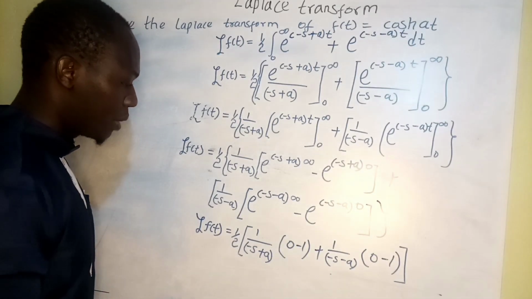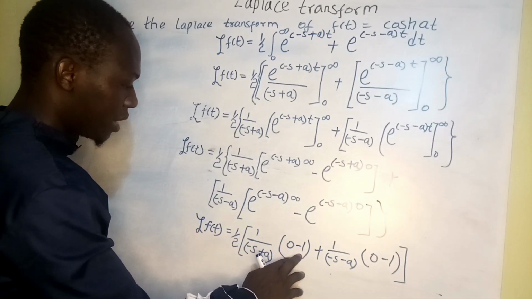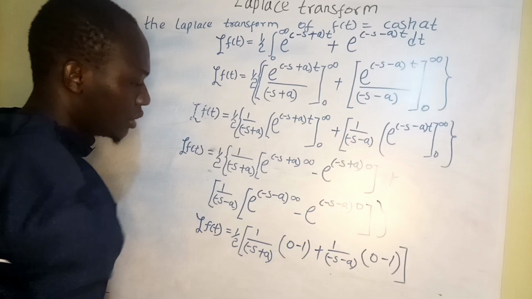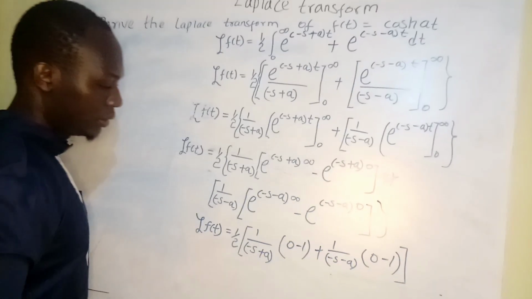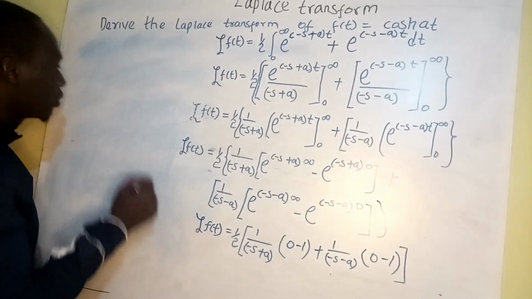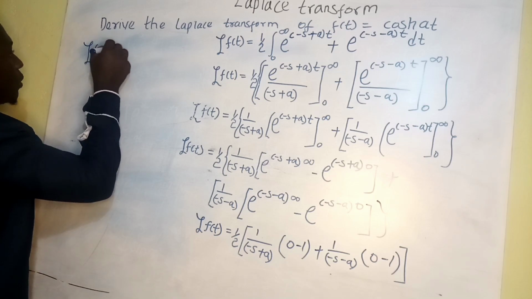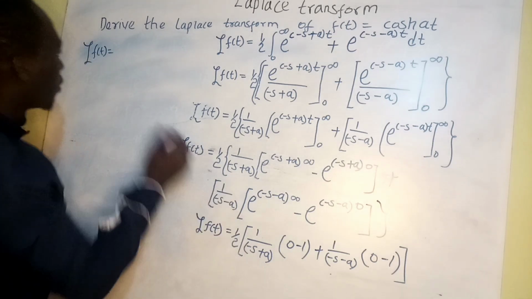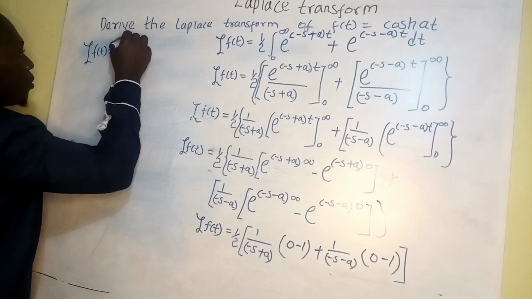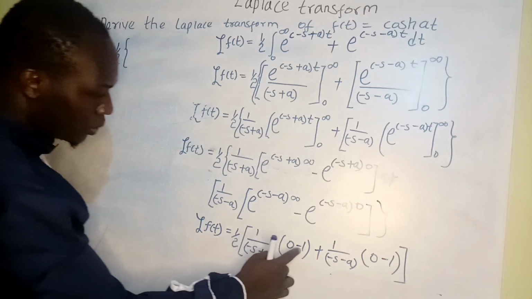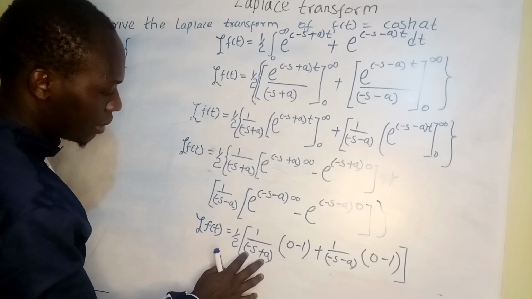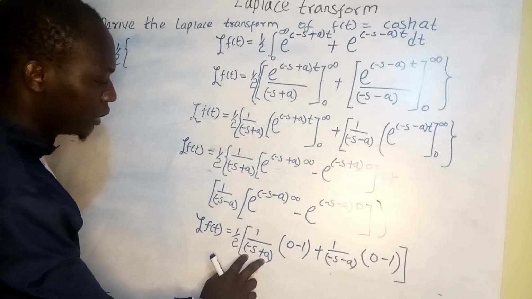From this point now, the negatives that we are having at this point and at this point are going to affect our denominators. And we are going to have the Laplace transform of now our function f of t is going to be equals to a half. We multiply by, when we take this negative, we multiply by whatever we are having here on the denominator.